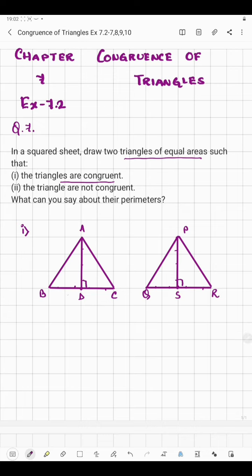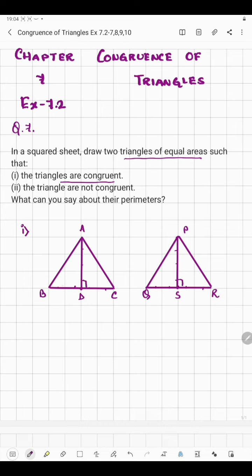Since we have taken the same length for the base and the same length for the height, these two triangles ABC and PQR will be identical in shape and size. So we can say that triangle ABC and triangle PQR are congruent since the shape and size are equal.